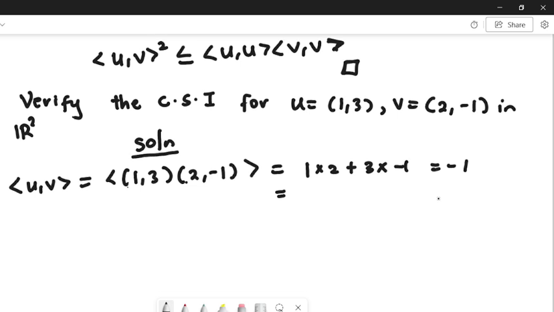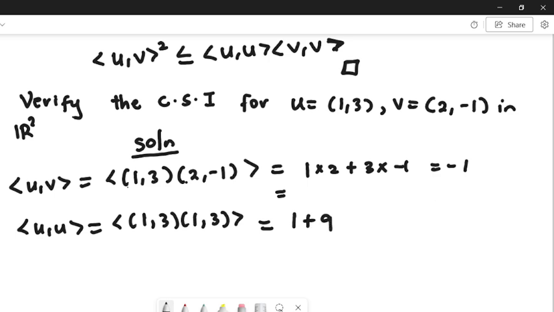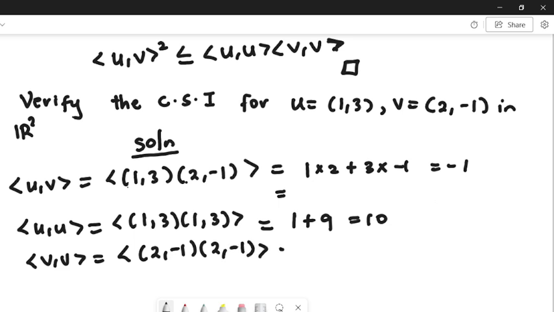And then next you get the inner product of u by itself. You will have 1, 3, 1, 3. That gives you 1 plus 9, which is 10. Then the inner product of v and v. So we are getting 4 plus 1, which is 5.